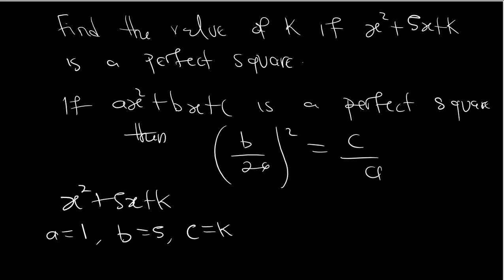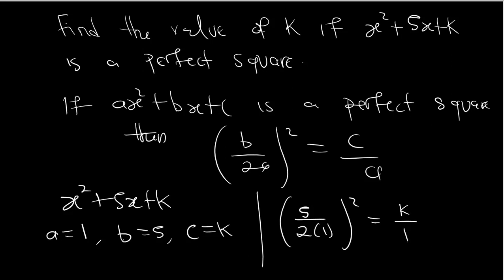So with what we are having here, let's do the substitution. Then we are going to have our b, which is 5, over 2a. Now a is 1. Squared is supposed to be equal to k, that is c over a, so k over 1. Let's do the simplification.